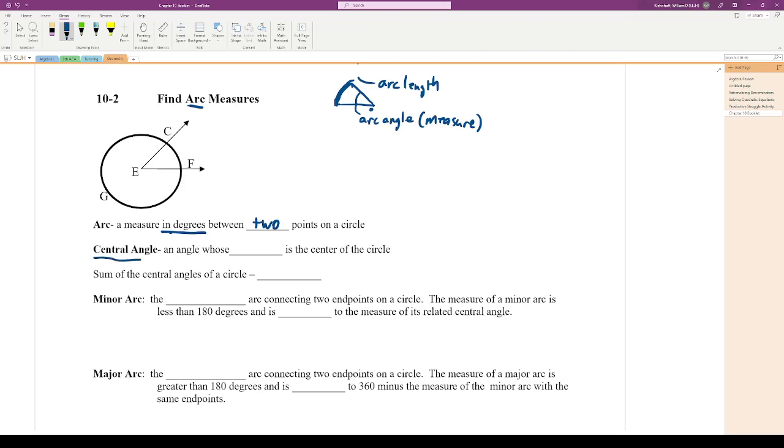Central angle. A central angle of a circle is one whose vertex is the center point of the circle. So this angle here would be a central angle because its vertex is the center point of the circle.